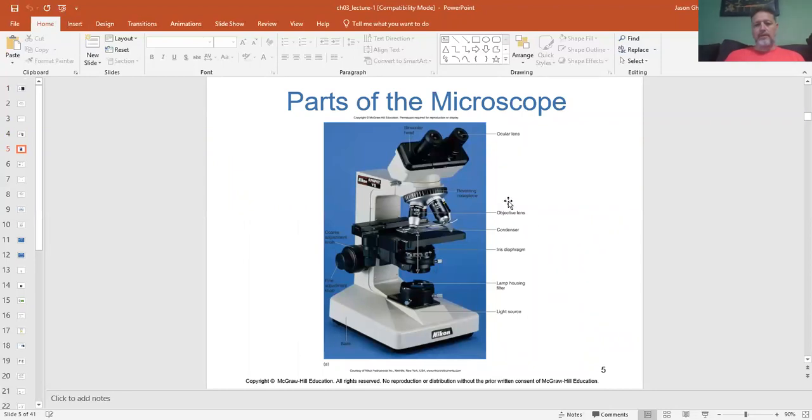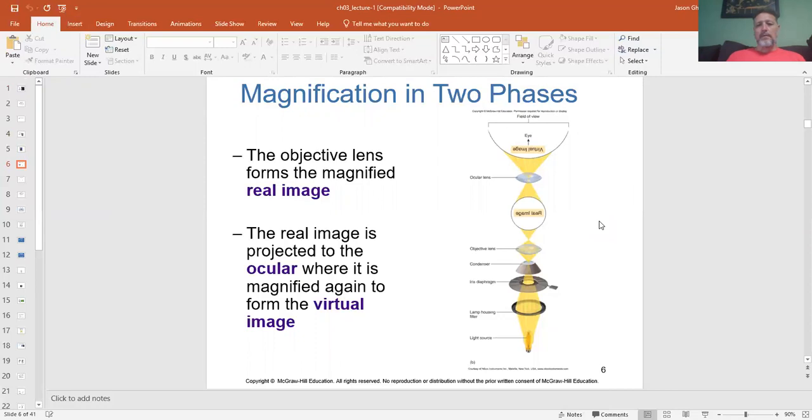I have a standard microscope: your eyepieces, your nose piece, your objective lens, your stage, your coarse and fine adjustment knobs, the slide adjustment knobs on there. You have a condenser, a light source, base, the arm. How magnification works is the light comes through, it gets flipped around through the lenses and prisms bouncing around.